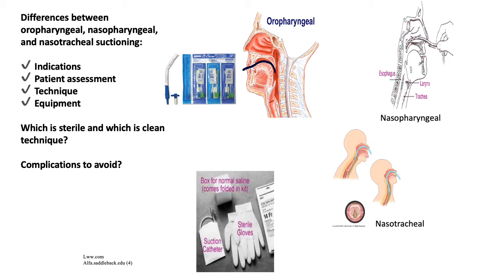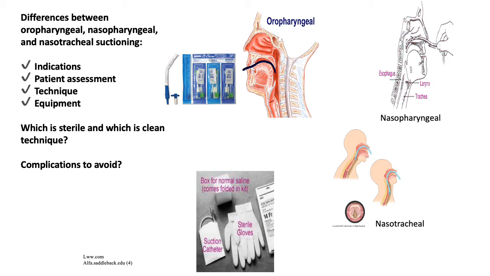Now, as far as the technique goes, oropharyngeal and nasopharyngeal suctioning are considered a clean technique. Nasotracheal is considered sterile. Even though you go through the nose, the end point is the trachea, which is considered sterile. So that would be a sterile type technique.